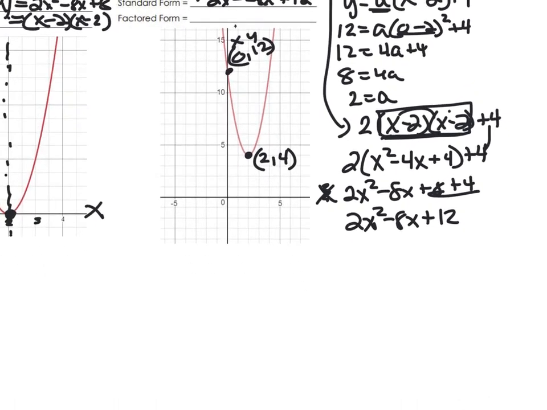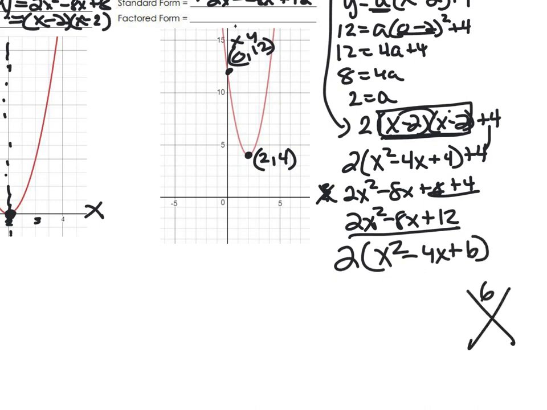Factored form. So let's factor this. Greatest common factor is 2. So if I divide those by 2, I get that. So factors of 6 that add up to negative 4. 2 times 3 and 1 times 6. Well, dadgummit.